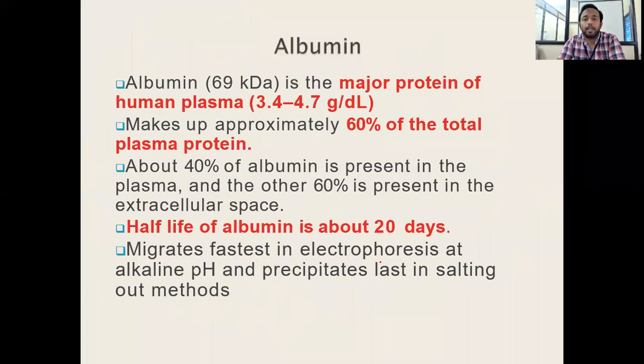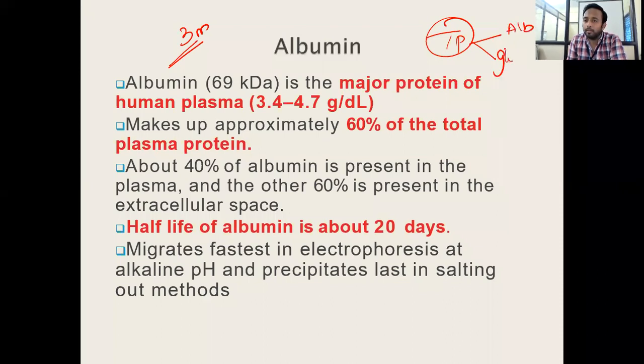Clear? Next, only albumin can be a 3-mark question. What you should know in this albumin, we'll only discuss that. One thing you should always know: the major portions of total protein in the blood are only 2, that is albumin and globulins. Globulin further has different fractions: alpha 1 globulin, alpha 2 globulin, beta globulin, and gamma globulins.